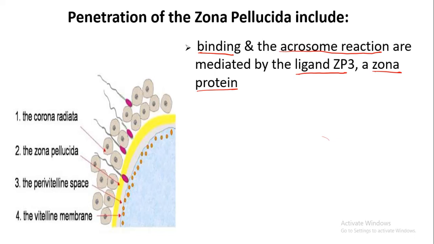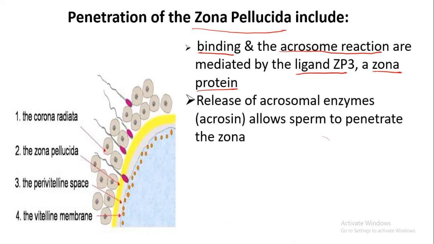Now, after that, where is this coming from? Automatically, these things are coming from the zona pellucida, the region of the egg. But what about the sperm? The sperm will release the acrosomal enzymes.